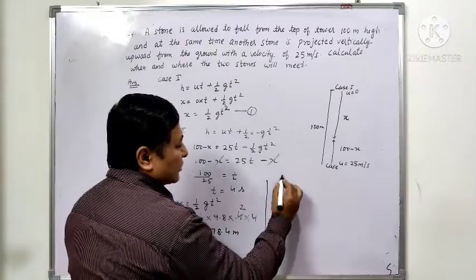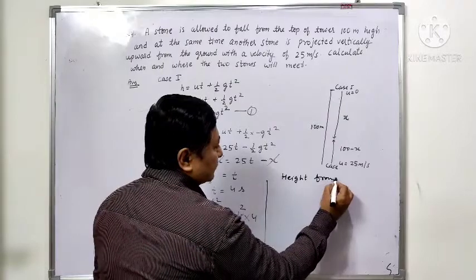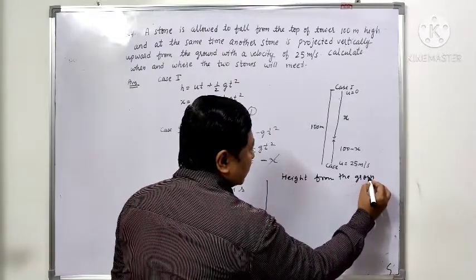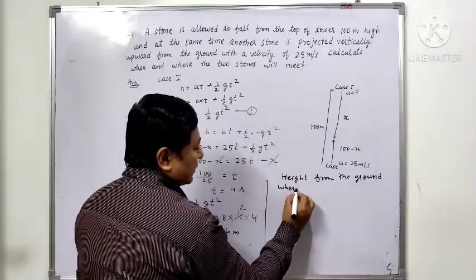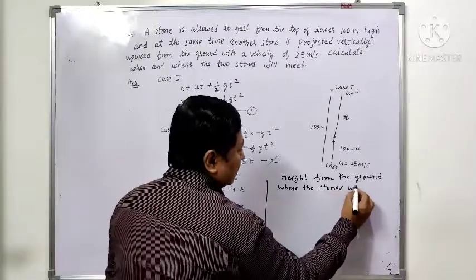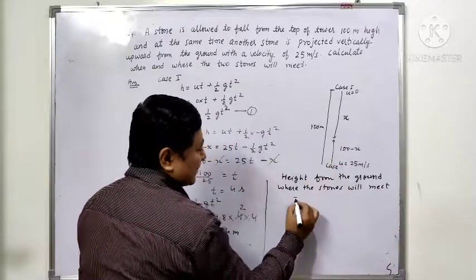Now we have to find the height from the ground where the two stones will meet. The height from the ground where the two stones will meet equals 100 minus x.